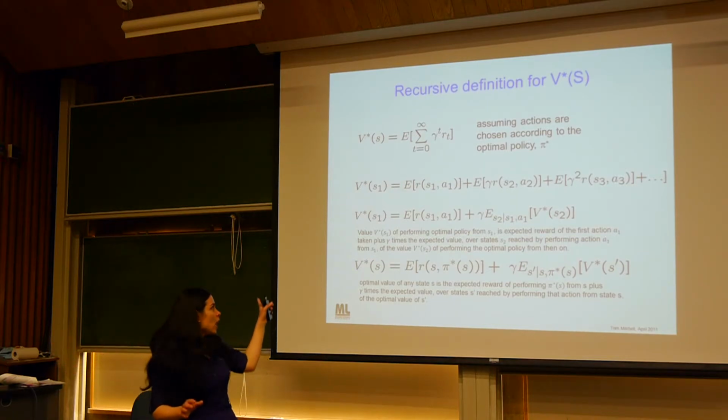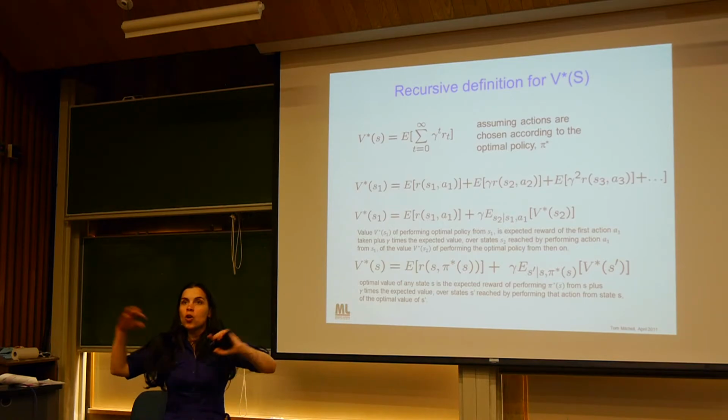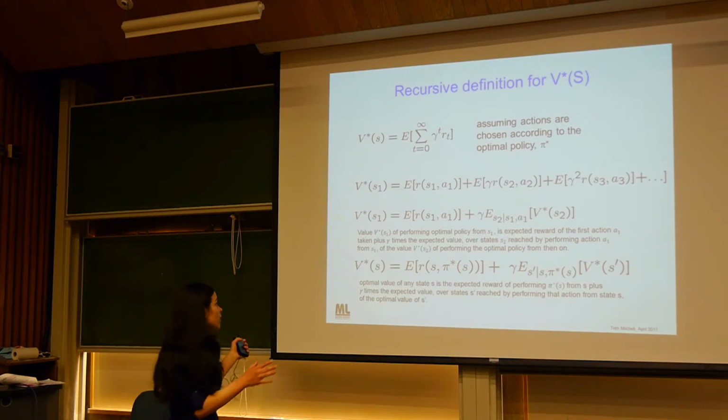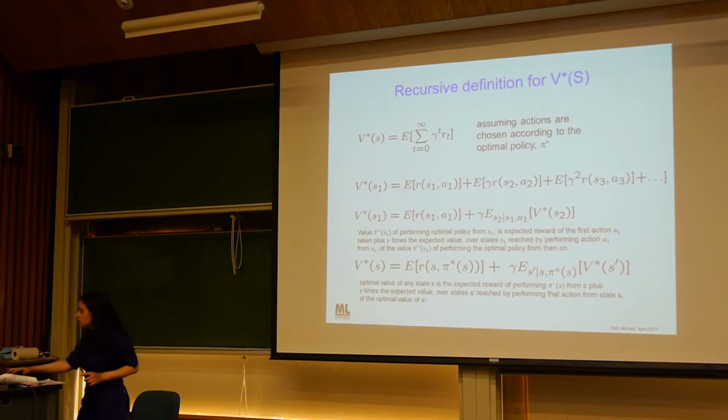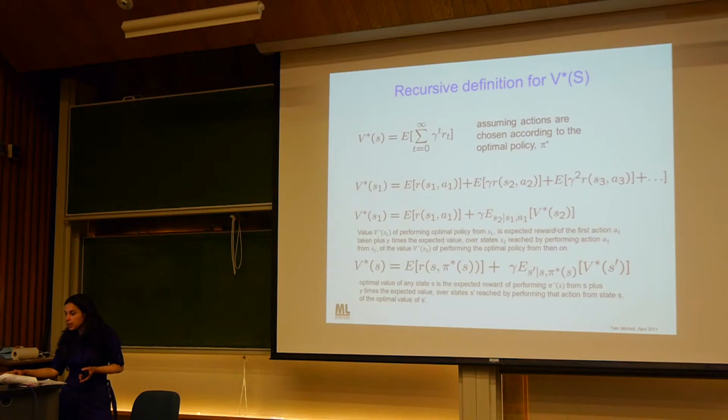Right? I just unroll how the optimal value for state S1 looks, and I observe that the second terms, if I factor gamma out, look very much like what I had. Okay, and then I get this recursive definition.